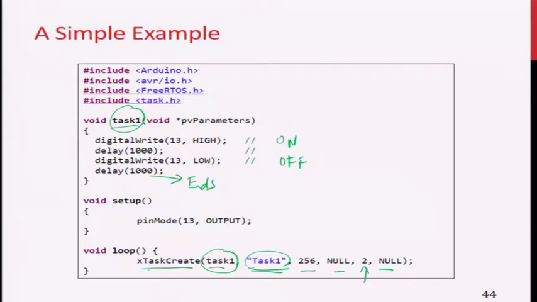Your task is not a function call. Always remember, when you create a task, you are not jumping to a function call. When I call a function, I jump to the function. Let's say this is my main program here, and I call function A. I jump to my code called function A, I execute, and then I return back.